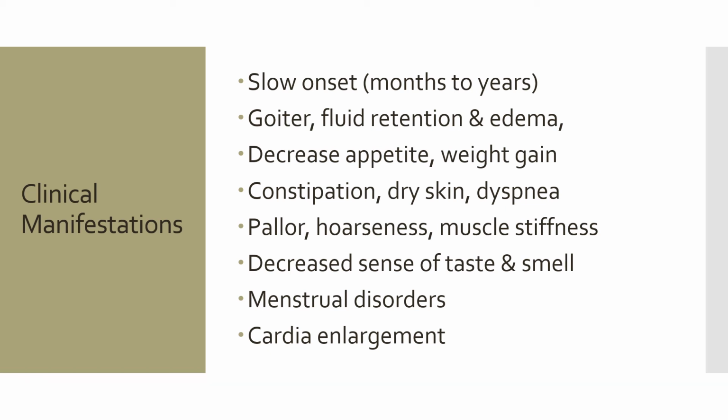So they get constipation. They may get short of breath. They may be pale, have some hoarseness and some muscle stiffness, especially if they've developed a goiter. That's where the hoarseness will come into play. They have a decreased sense of taste and smell, menstrual disorders, and can have cardiac enlargement.